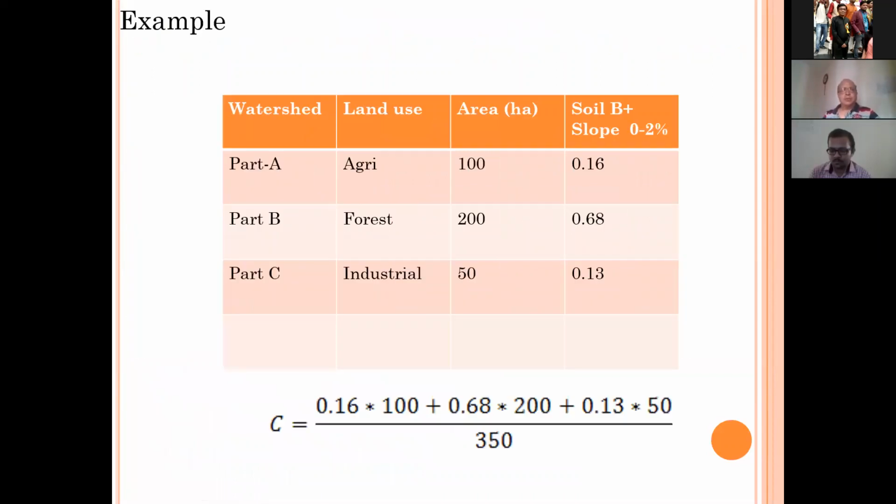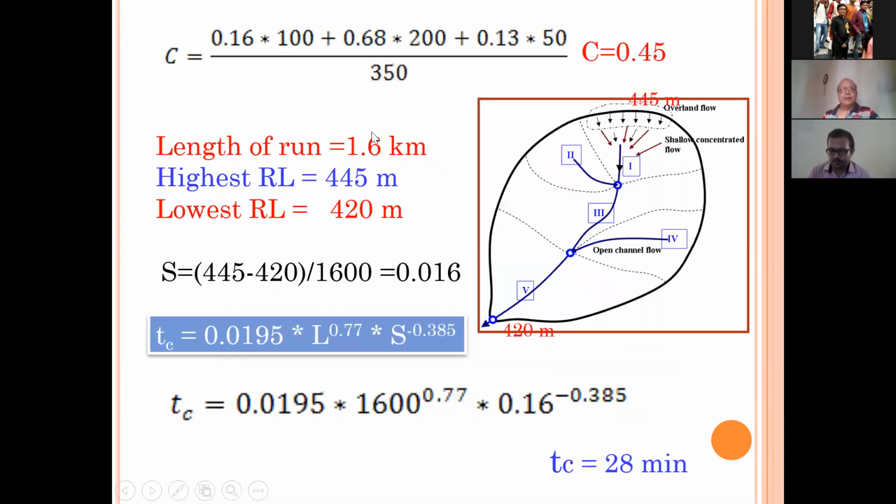So if a watershed is there, C can be determined like this. These are the areas, the area in the land use. This is area, this is soil, so this is the C value. And we can determine C here for the whole catchment. Then with this C we have determined 0.45.